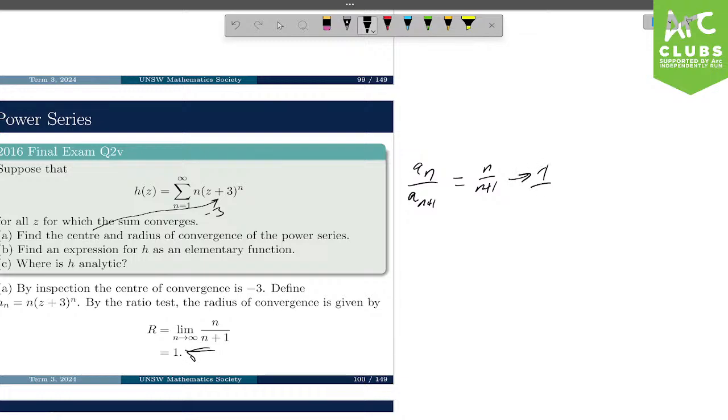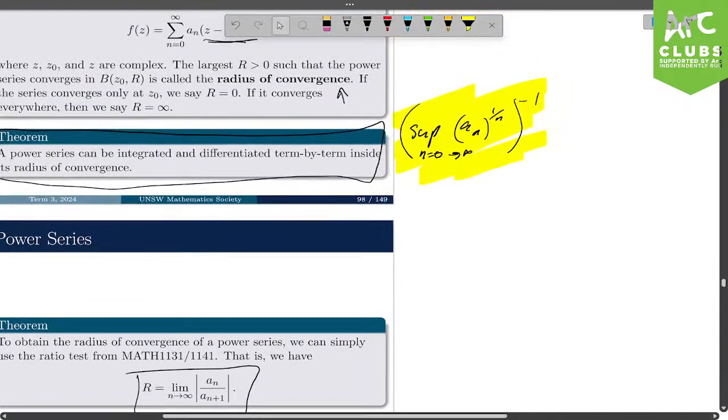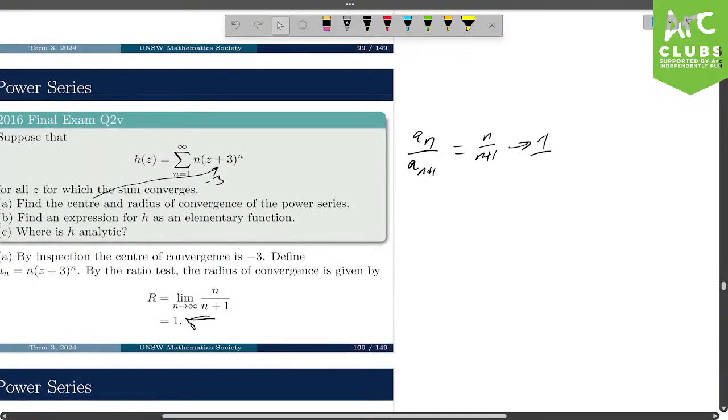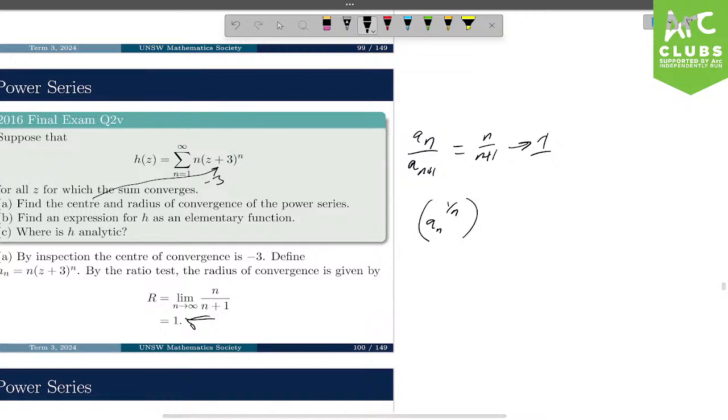Fantastic. If we wanted to go straight from definitions, we recognize that aₙ to the 1 on n approaches 1, and the reciprocal of 1 is still 1. Okay, and sometimes it's a bit hard to show, which is why we just enjoy ratios.